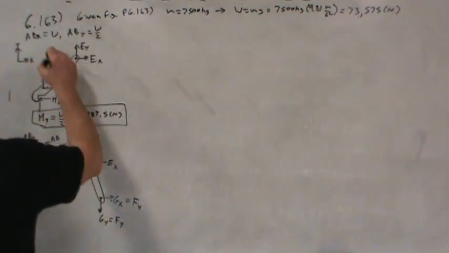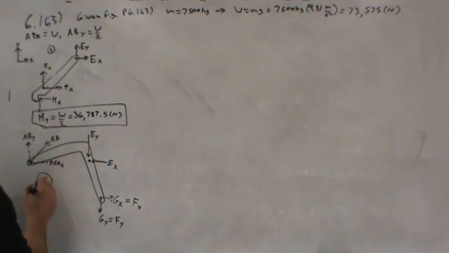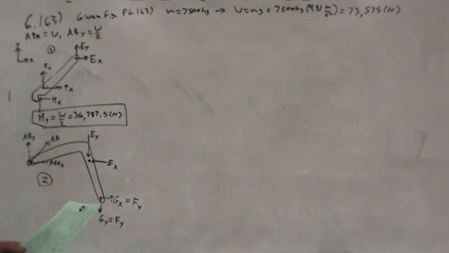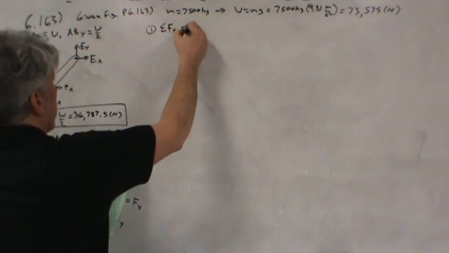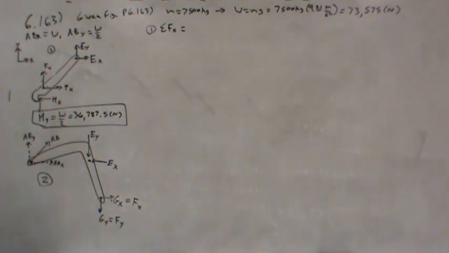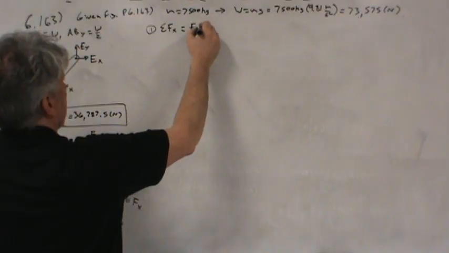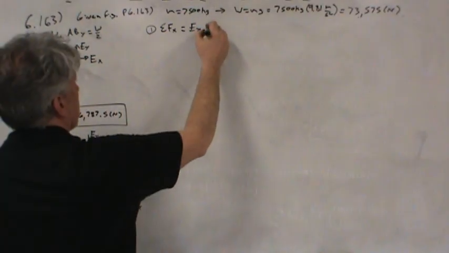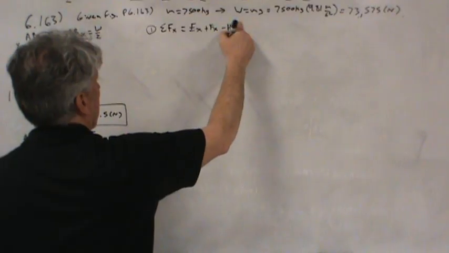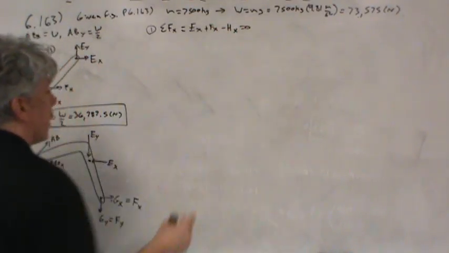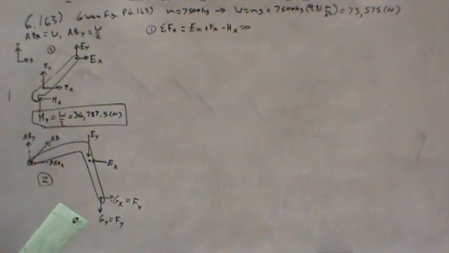All right, so let me call this free body diagram 1. We'll call this one free body diagram 2, so we can distinguish between the two. And let me start off with free body diagram 1, summing forces in the horizontal direction. Well, let's see. We got Ex, we got Fx minus Hx, and that sum has to be 0. Okay?